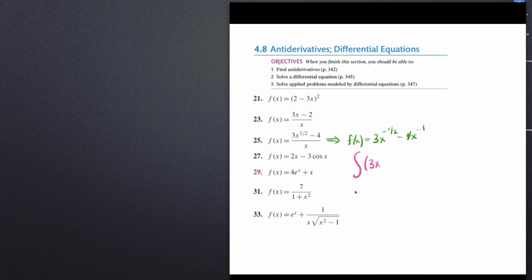The antiderivative of 3x to the -1/2 minus 4x to the -1. And we get to use the power rule: add 1 to the power -1/2, and then divide by that same number, minus 4x to the -1 plus 1 over -1 plus 1.